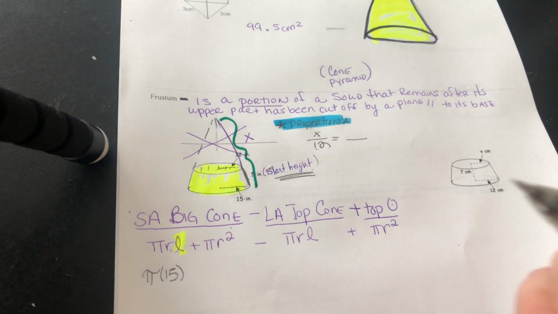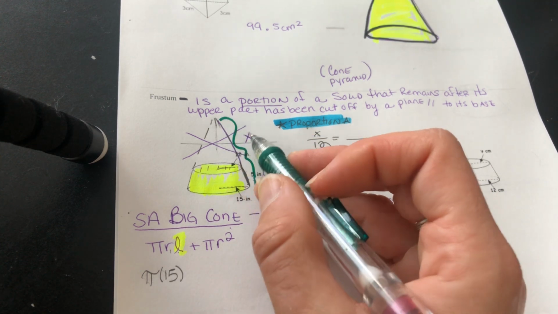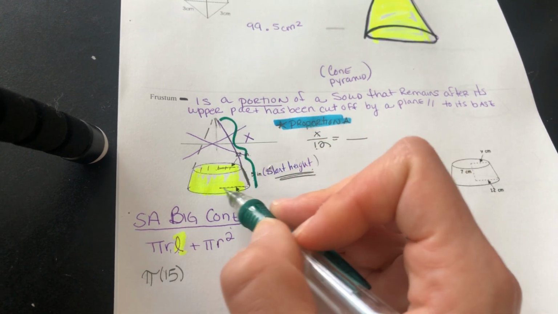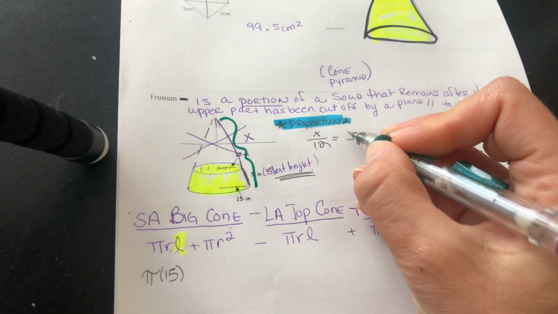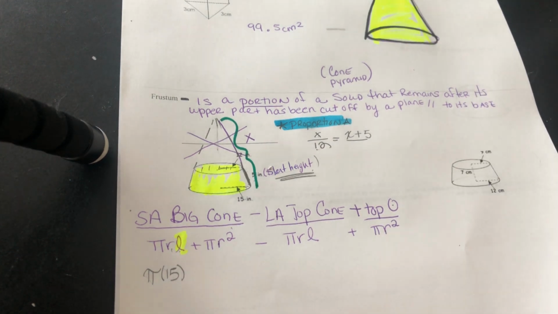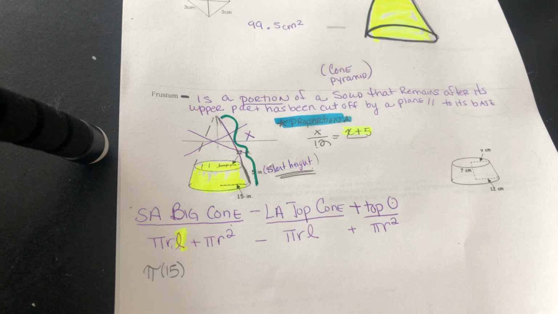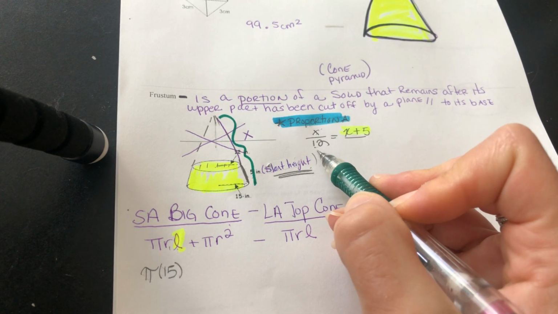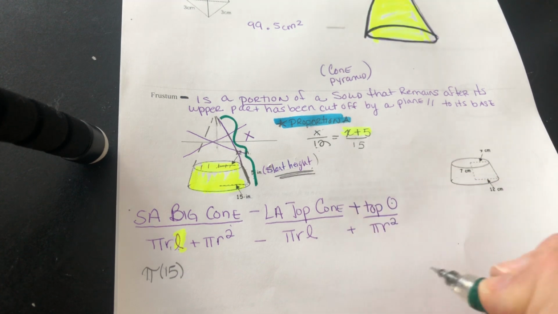If you remember when we did right triangle proportions or similarity, you need the whole, because this 15 is the radius of the whole cone. So this needs to be X plus 5. I'm going to highlight that because that's something we could make a mistake on. You need the top to the radius, then the whole to the radius of the whole thing.